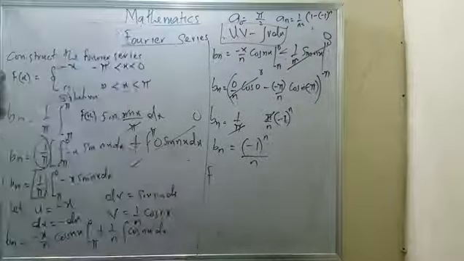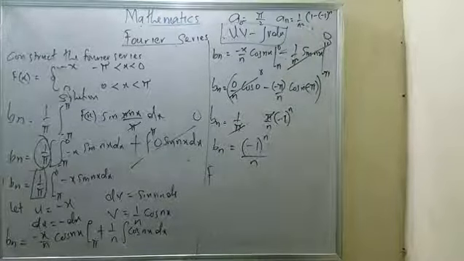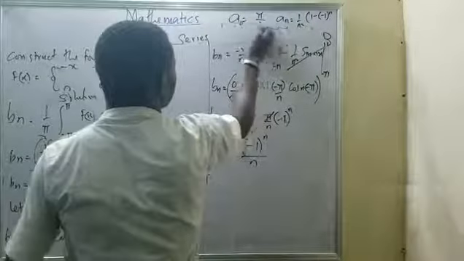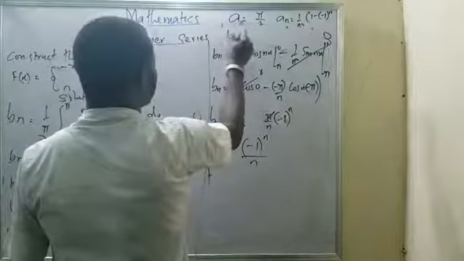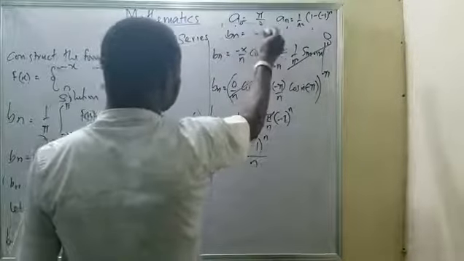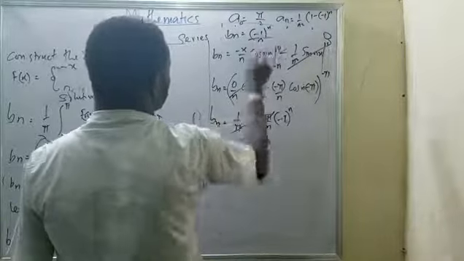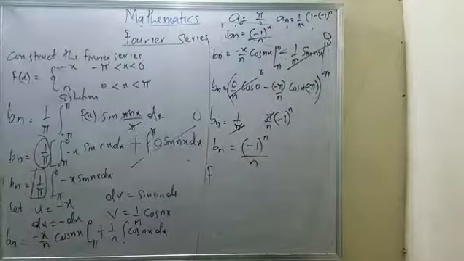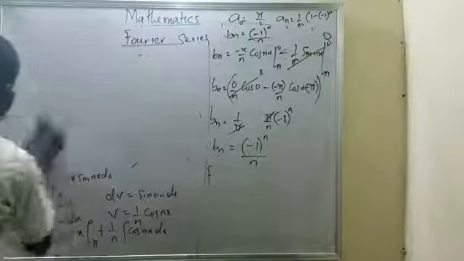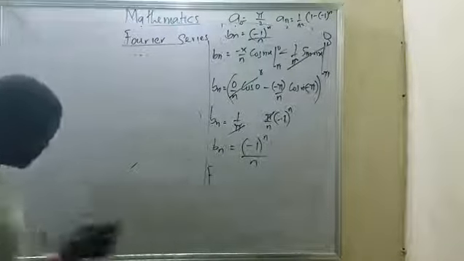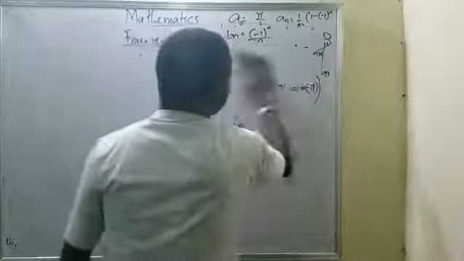Let me quickly establish my n. It means my b of n equals to minus 1 bracket of n all over n. Now that is my Fourier.